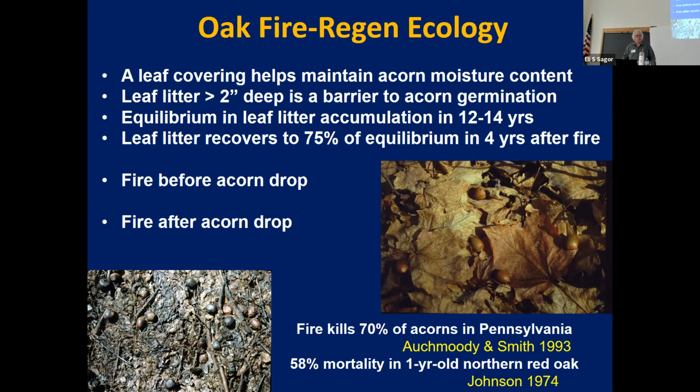So if at all possible, it's probably not a good idea to do a prescribed burn right after a good mast crop, and so you should delay that. You can kill pretty much the entire seed crop with a low intensity fire. Even young oak seedlings are vulnerable to being killed by low intensity fire. And you can see as much as 60% mortality in 1-year-old northern red oak in a spring fire.